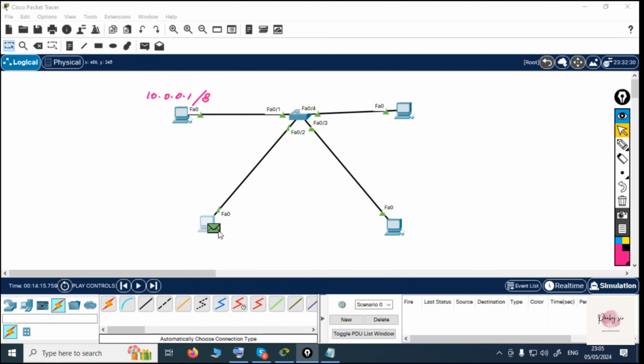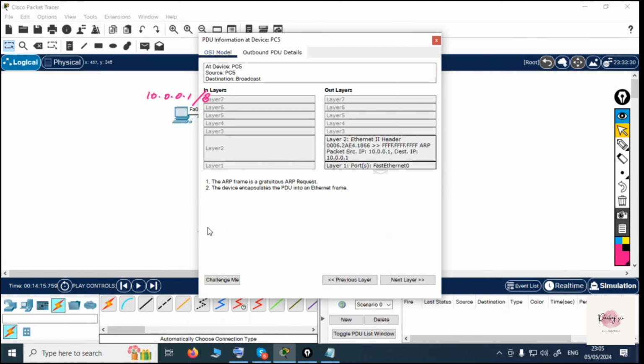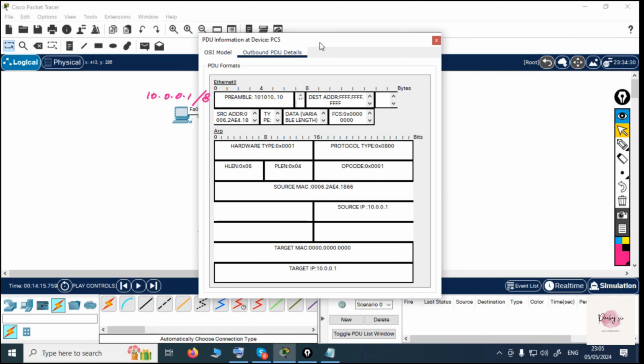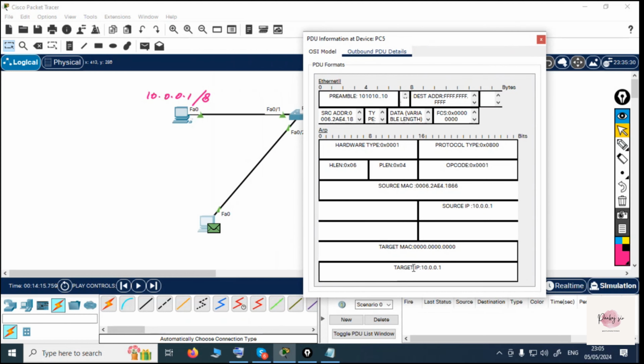Now again, this PC has generated an ARP request for its own IP address. And it is asking the MAC address for its own IP address. Why?